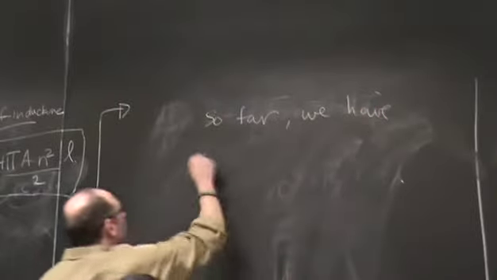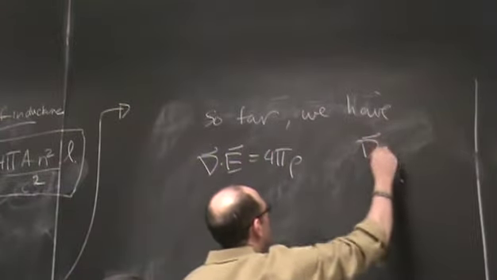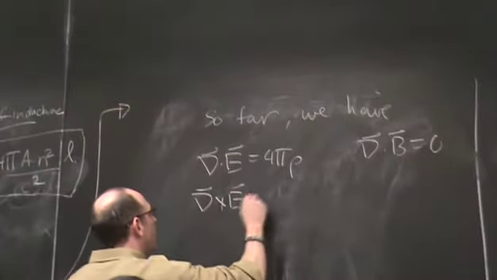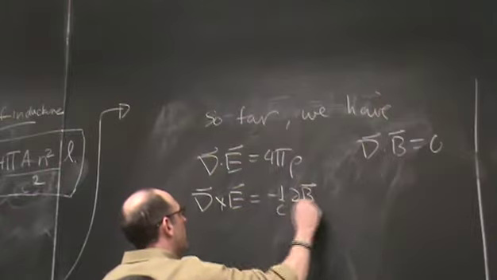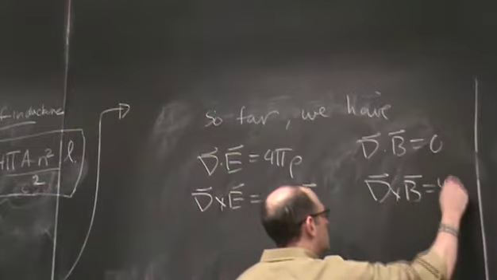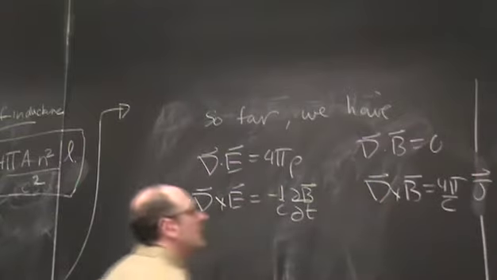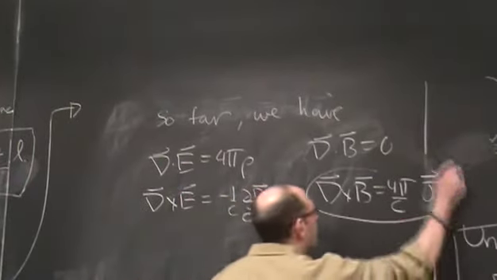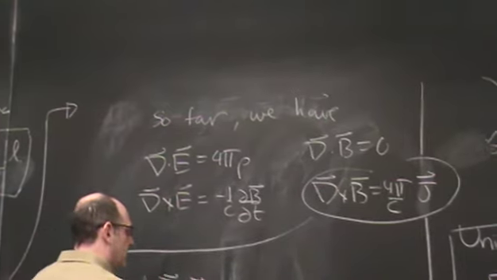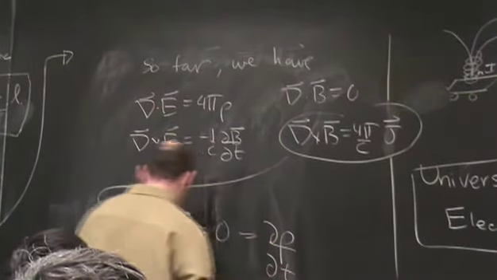We have del dot E is 4 pi rho, del dot B is 0, del cross E is no longer 0. We have the Faraday law, negative 1 over C dB dt, and Ampere's law. Ampere's law implies del dot J is 0, which means that the charge density must be constant.